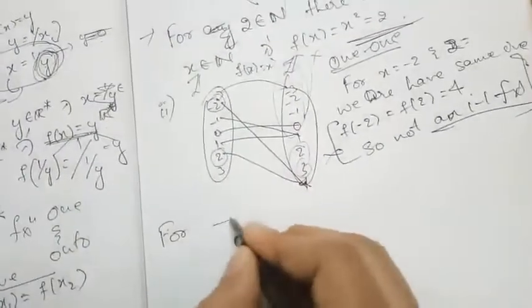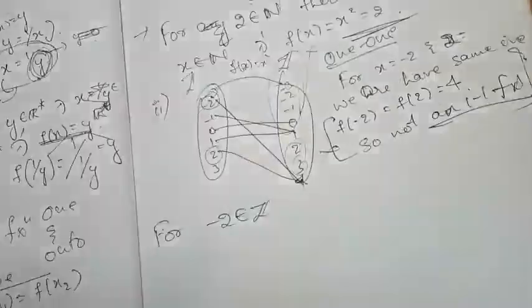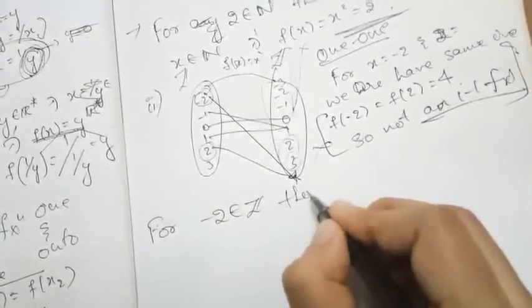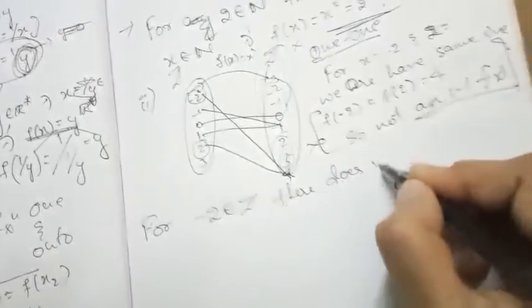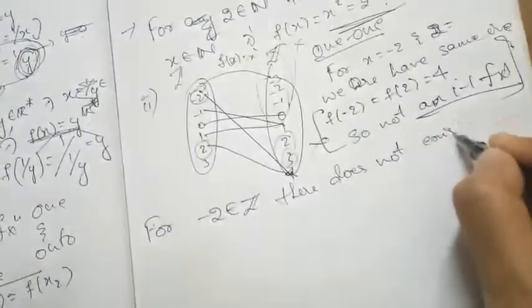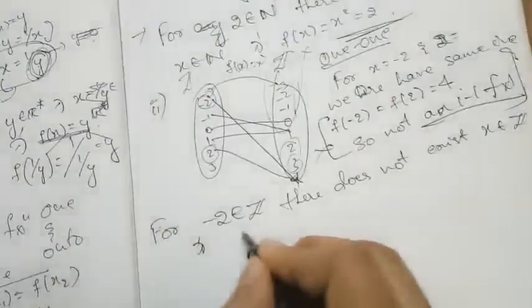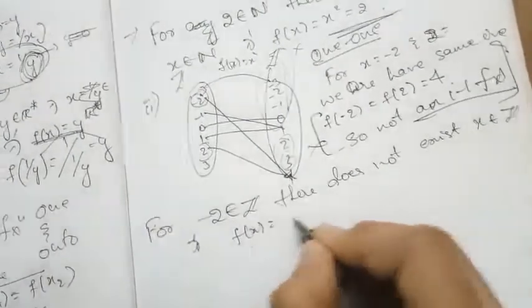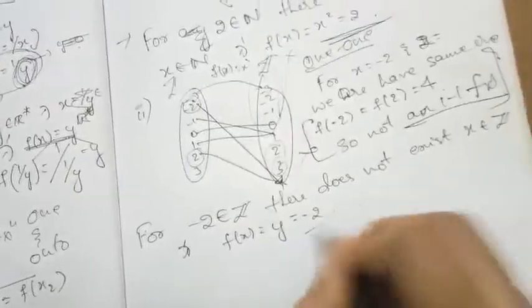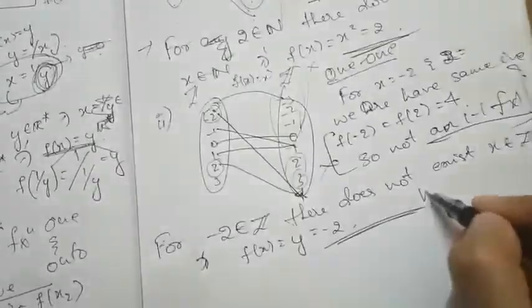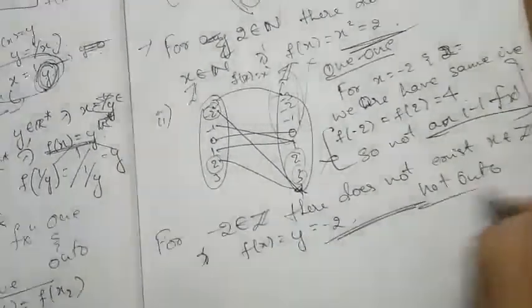Clearly for -2, which belongs to the set of integers, there does not exist x belonging to Z such that f of x is equal to y which is equal to -2. That's all. So it is not an onto function.